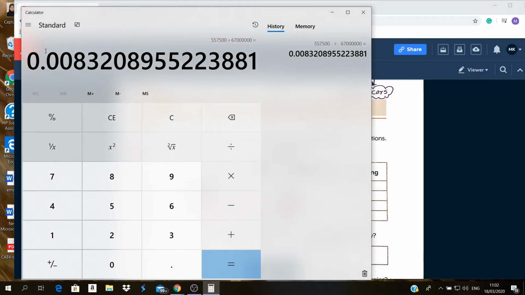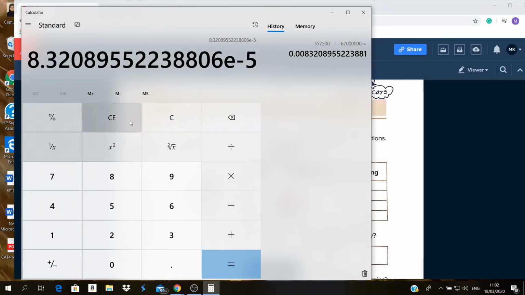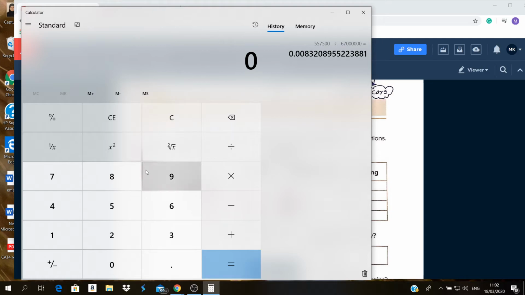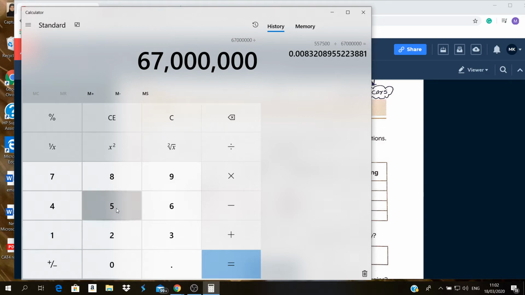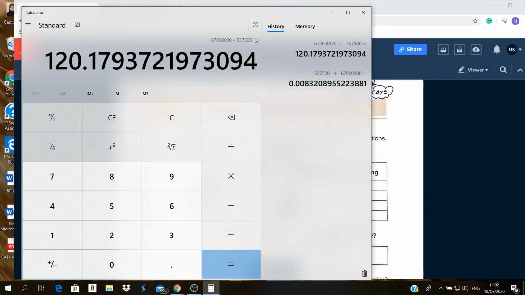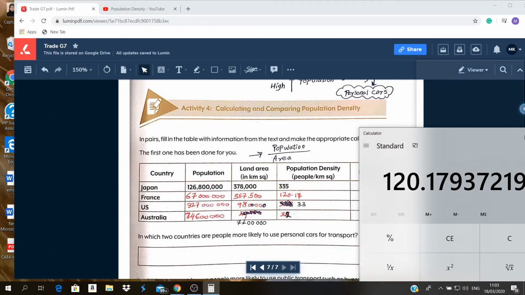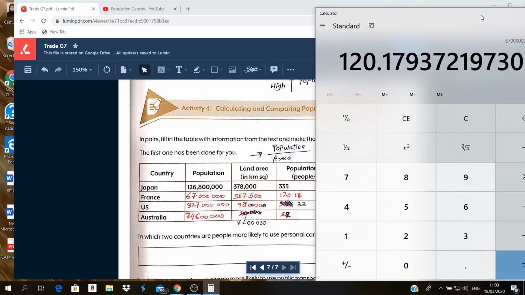Sorry, I divided the area by the population. This is wrong. So we have to divide the population by the area. Let's see the answer. So it's 120. Let's see, is it right? Yeah, that's right.